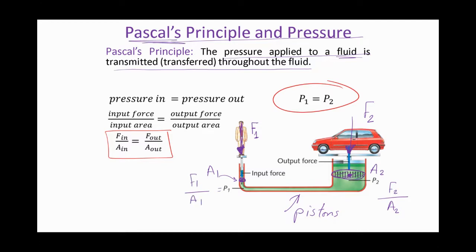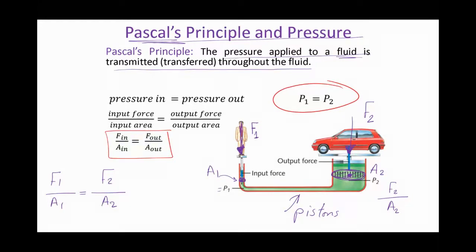Pascal said the two pressures are the same. So let's substitute. F1 divided by A1 equals F2 divided by A2. The force F1 divided by the area of the left-side piston equals the force F2 divided by the right-side piston. So what will happen?